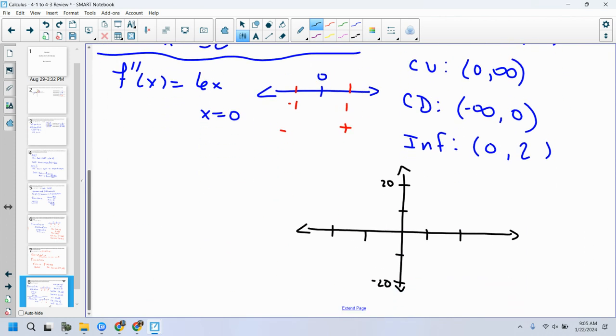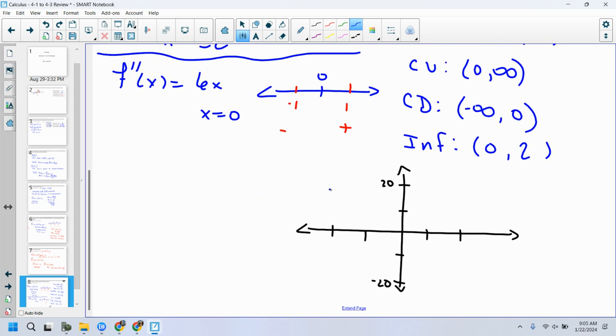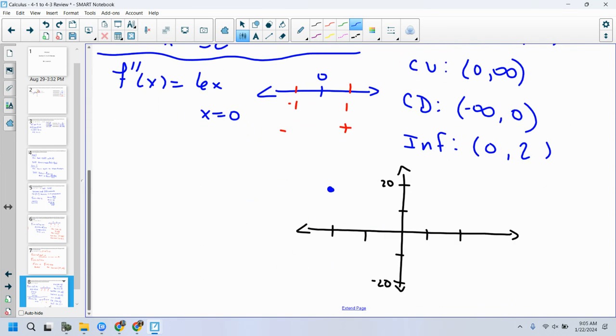Okay, so I know there is a maximum at negative 2, 18. So some up here. Again, this is just a sketch. Again, I need to see the points where there are maximums and minimums, but I'm not going to be too picky. 2, negative 14, somewhere down here.